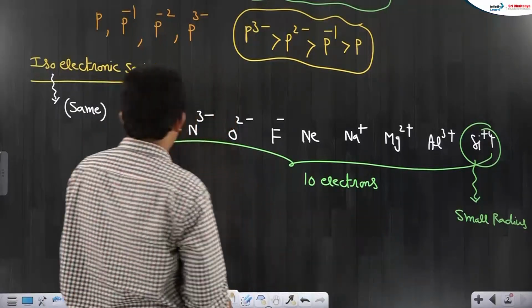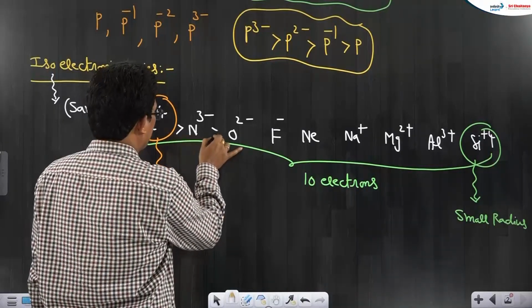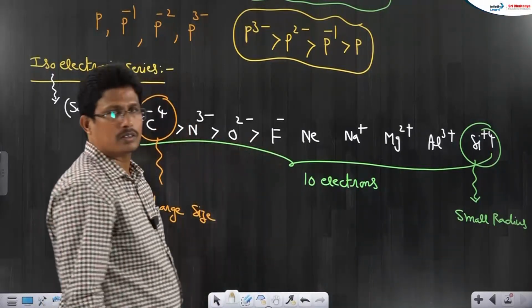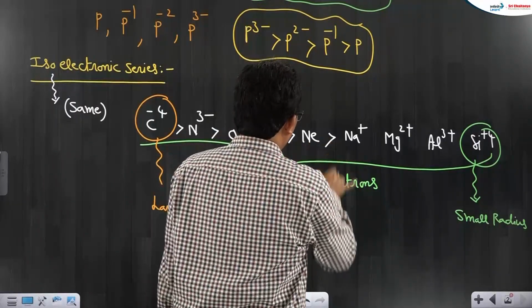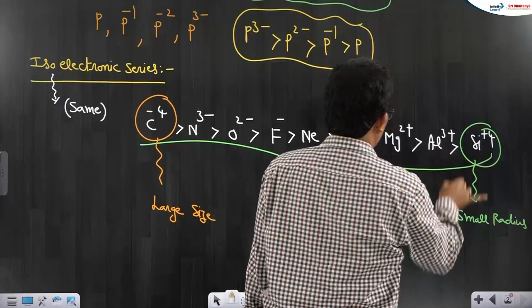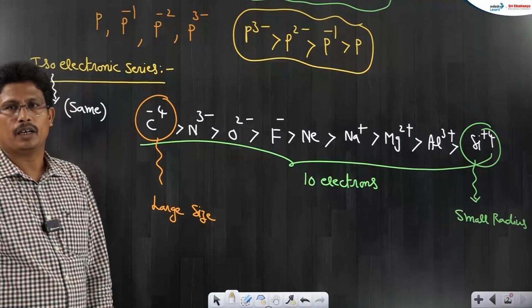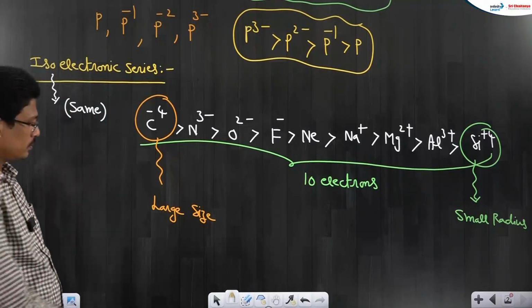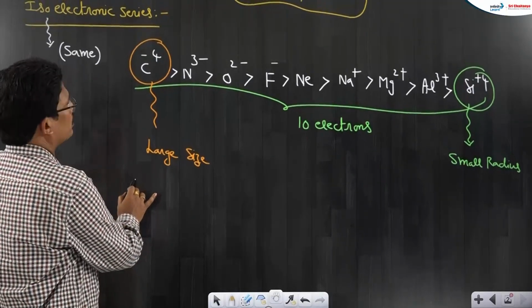The order is carbide ion greater than nitride ion greater than oxide ion greater than fluoride greater than neon greater than Na plus greater than Mg2 plus greater than Al3 plus and Si4 plus. It is very important.